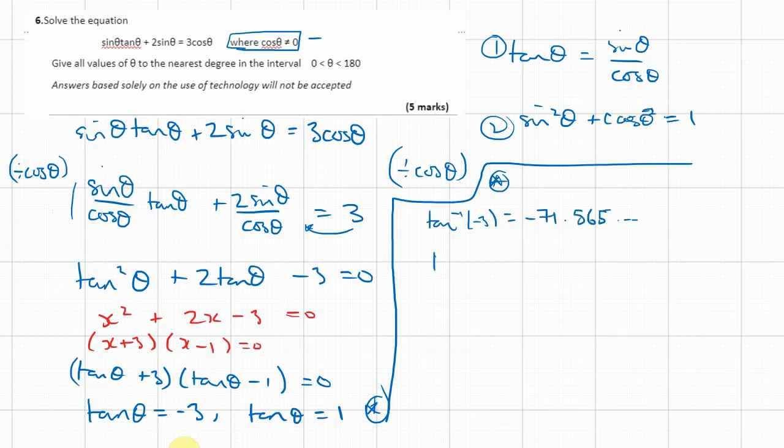And if we do tan inverse of 1, we are going to get 45. We're trying to find values between 0 and 180. So this obviously isn't going to fly. This works.